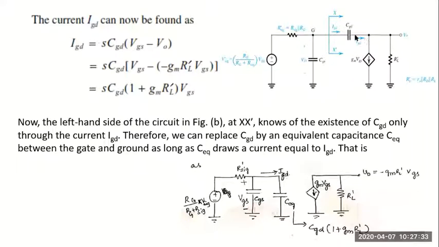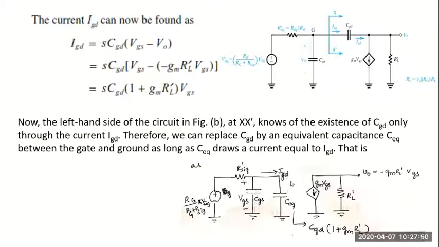So when we try to replace, I am trying to find an equivalent capacitance C equivalent such that the same current IGD which was flowing through this CGD will flow through this C equivalent. How do I do that?